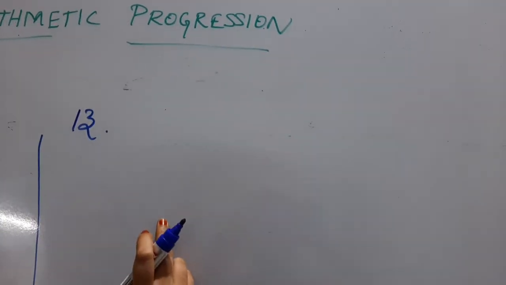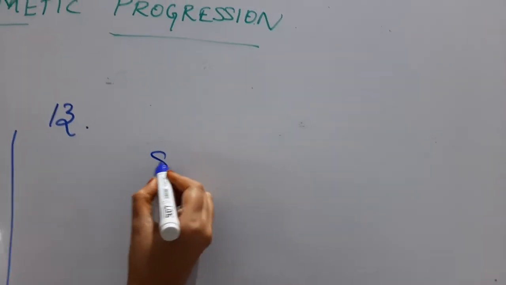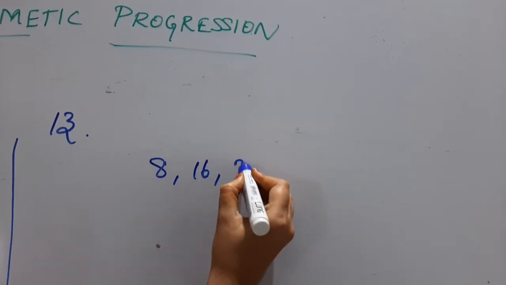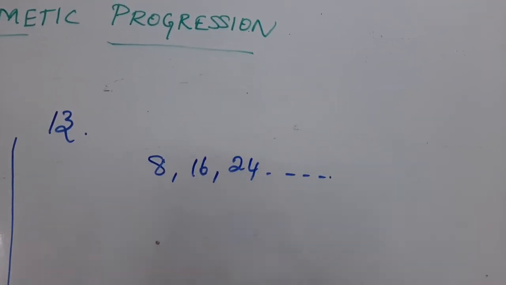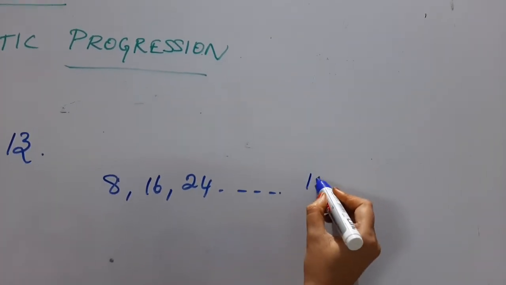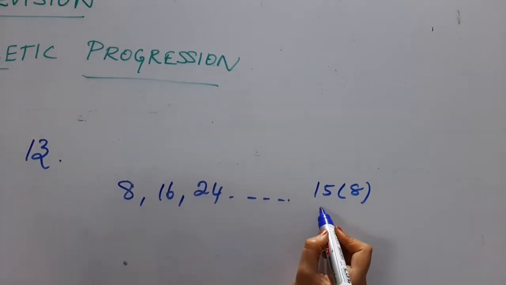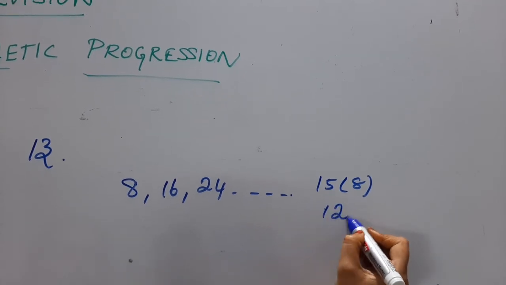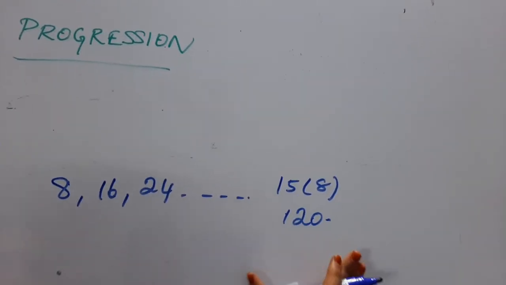So write the series first. Multiples of 8 are 8, 16, 24, etc. What is the last term? The 15th term is the last term, they said. So 15 into 8. What is 15 into 8? 120. So that is the series we framed.